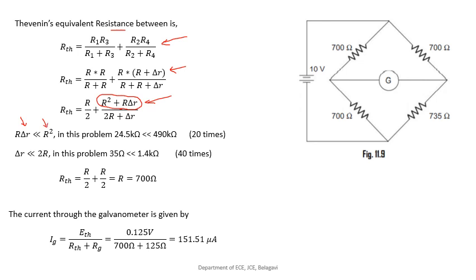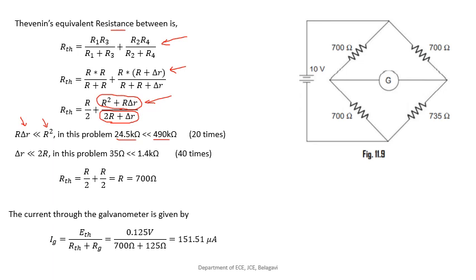For the given problem, R into delta R is around 24.5 kilo ohms, which is much smaller than 490 kilo ohms, which is R square. So we will ignore this R into delta R term.